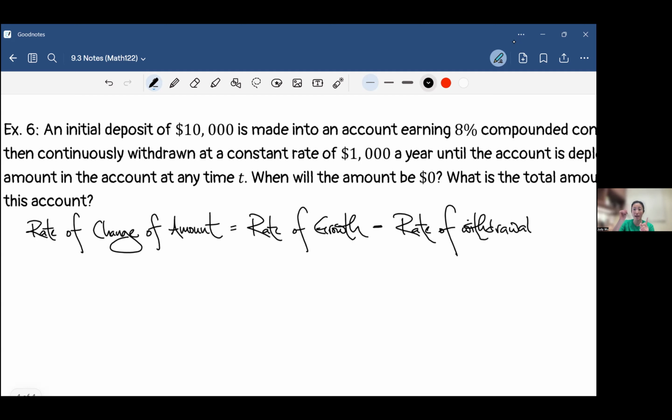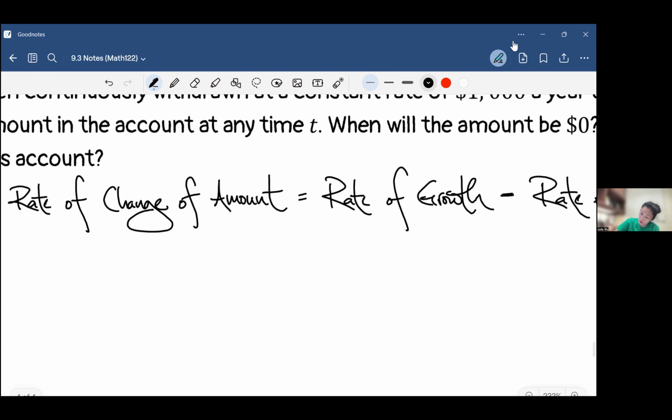So let's now apply some variables to this. The rate of change of the amount, we can call this A prime, because it's how the amount is changing.